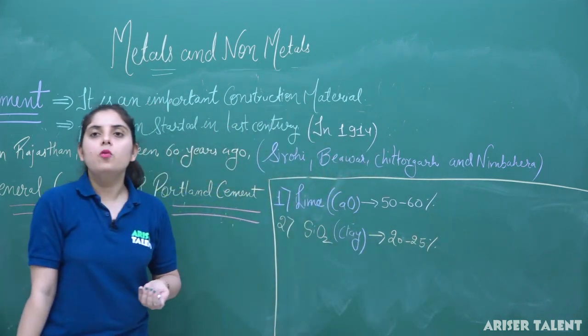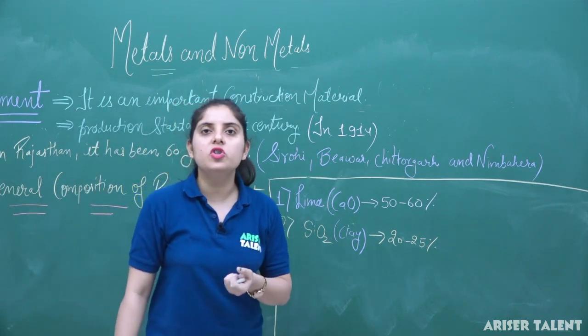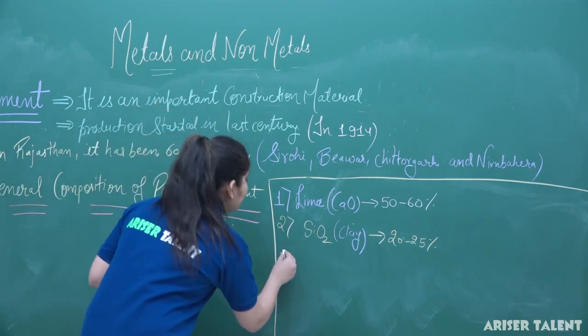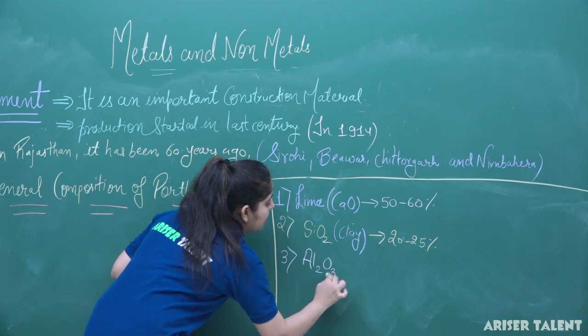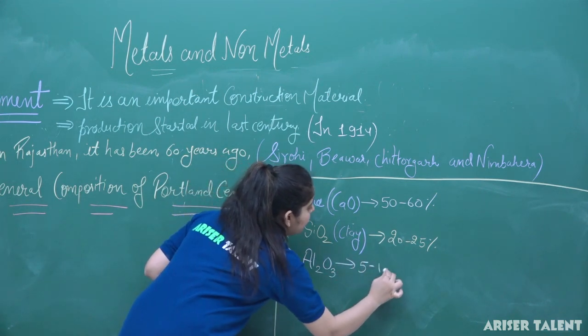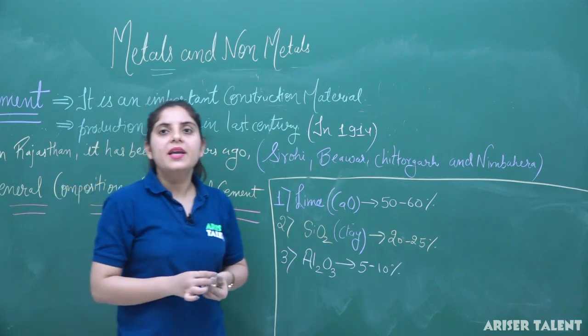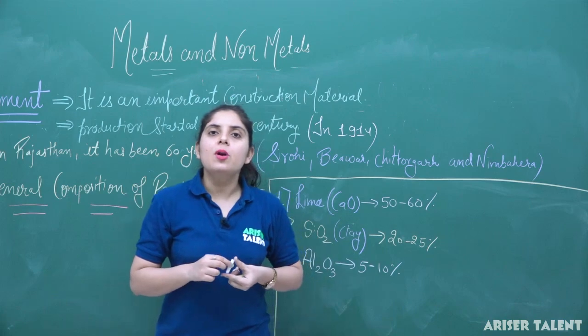The next compound that is present in the Portland cement in 5 to 10% composition is aluminium oxide, which is a very stable compound. So the third compound is Al2O3. This is present in cement in the composition of 5 to 10%. Many more compounds are present.